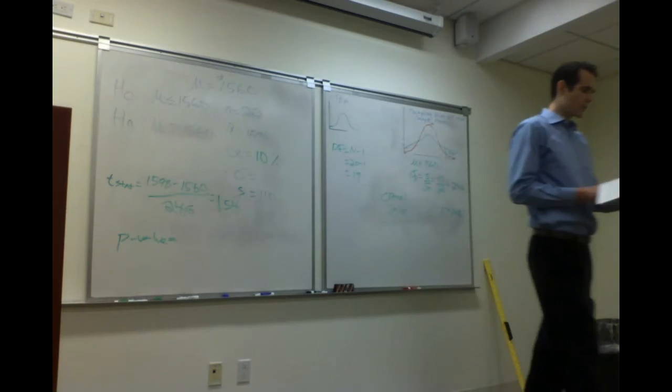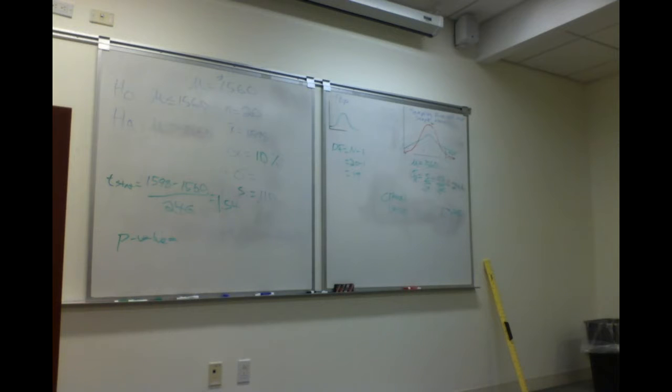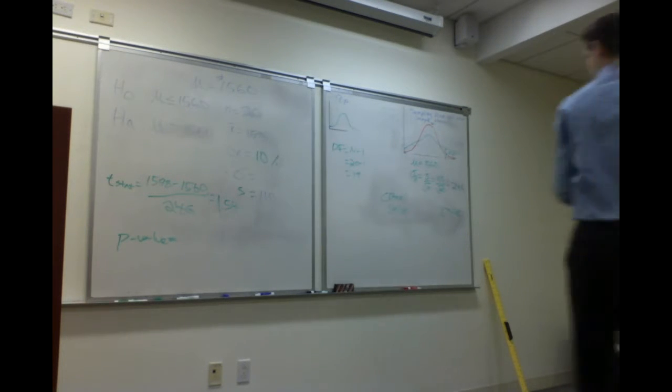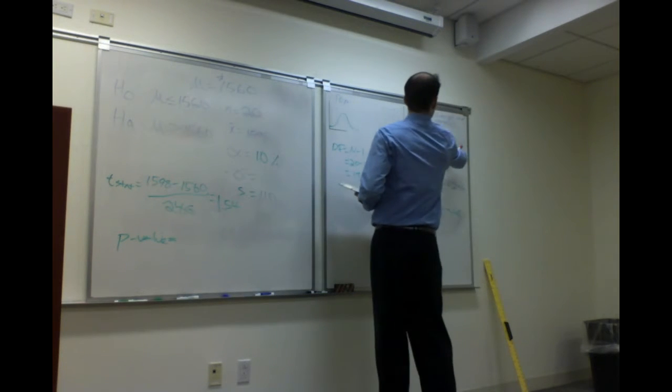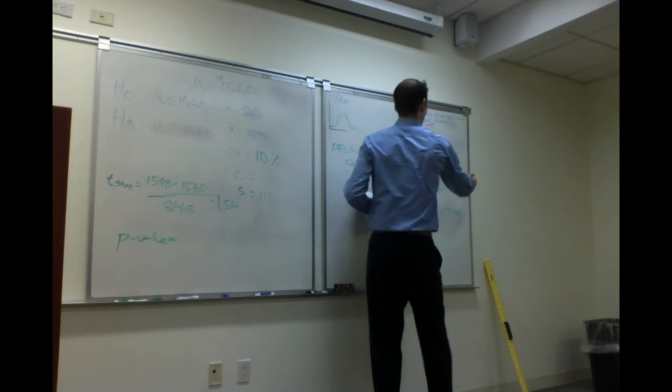So what I want to direct your attention to is the next column over on 19 degrees of freedom. You can see that the t-stat is 1.729. So 1.328, 10% of the data is more extreme.